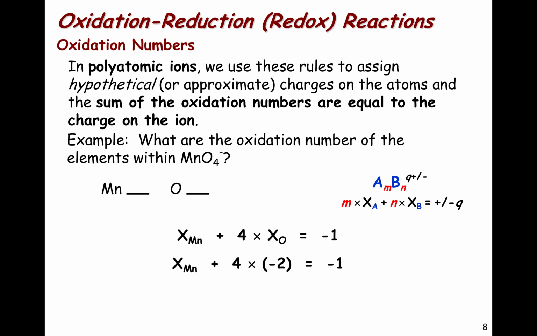In this case, we follow the rule that oxygen is typically -2 for an oxidation number, and so now 4 times -2 is -8, and if we then recognize that that has to add up to being -1, the manganese must be +7.